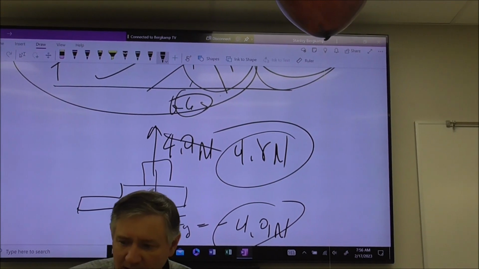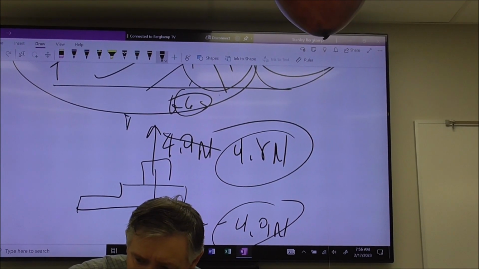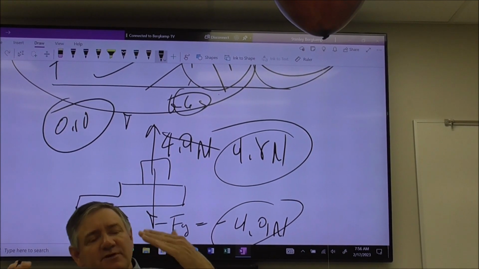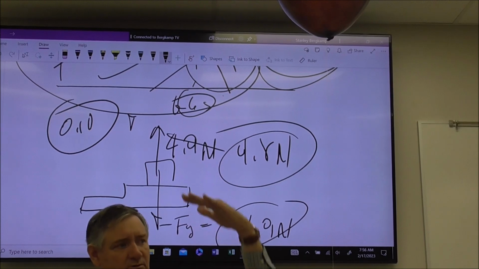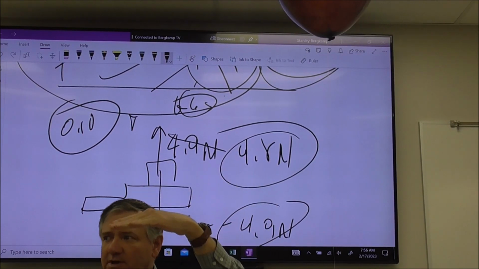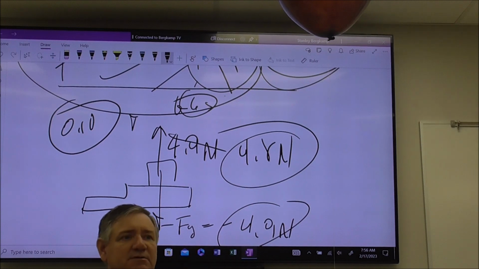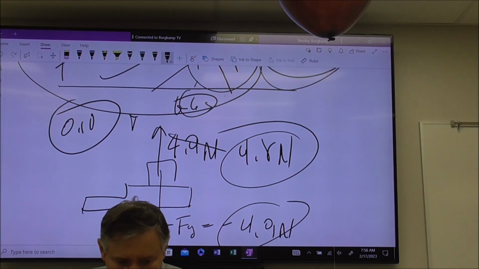So that means that balloon is providing an upward force of 0.1. Everything still adds up to equal 0. 0.1 plus 4.8 plus a negative 4.9, everything still adds up to equal 0. Okay? Cool with that.